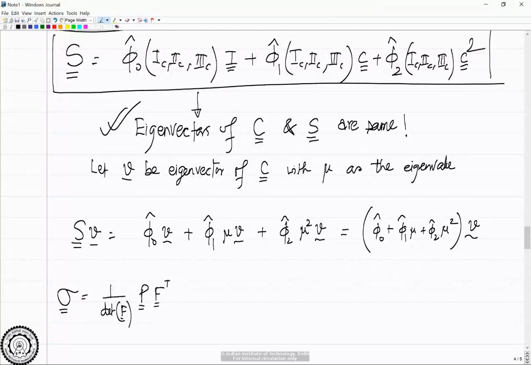Is that right? And we also found out the relationship between P and S, no? So P and S are related.